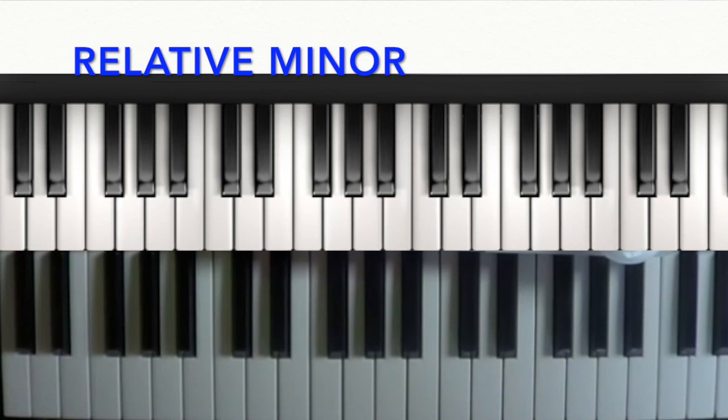Now, these numbers are very important for helping you understand relative major and relative minor. Simply put, the relative minor or natural minor of a major scale starts on the 6th degree or 6th note of the major scale and ends on the 6th degree or 6th note of the major scale.